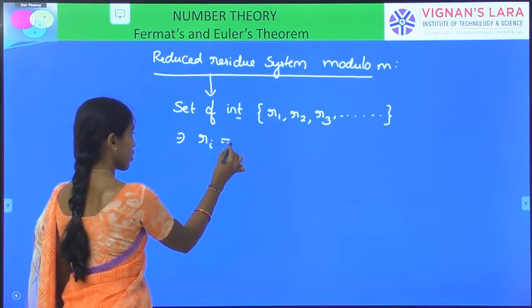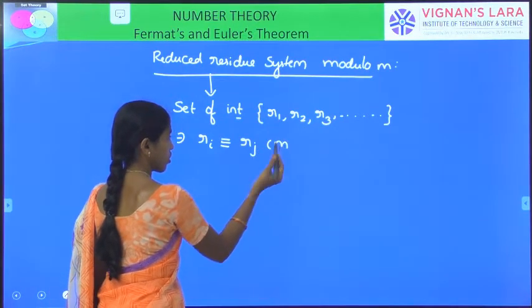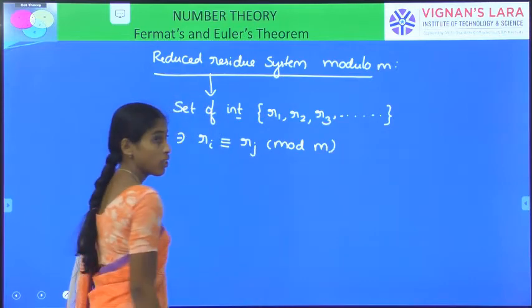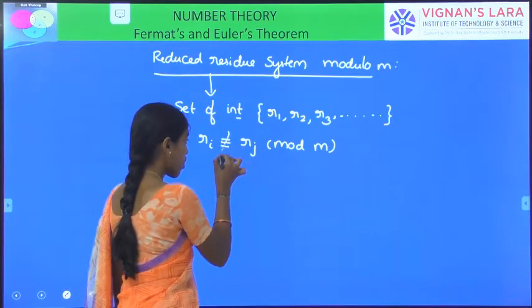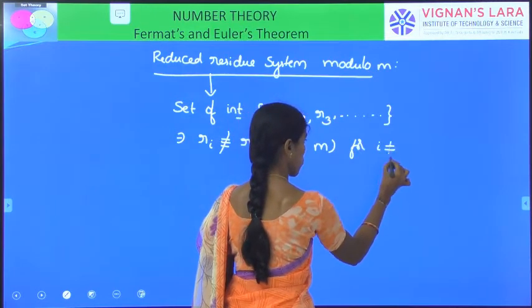Ri is not congruent to Rj modulo M, for i not equal to j.